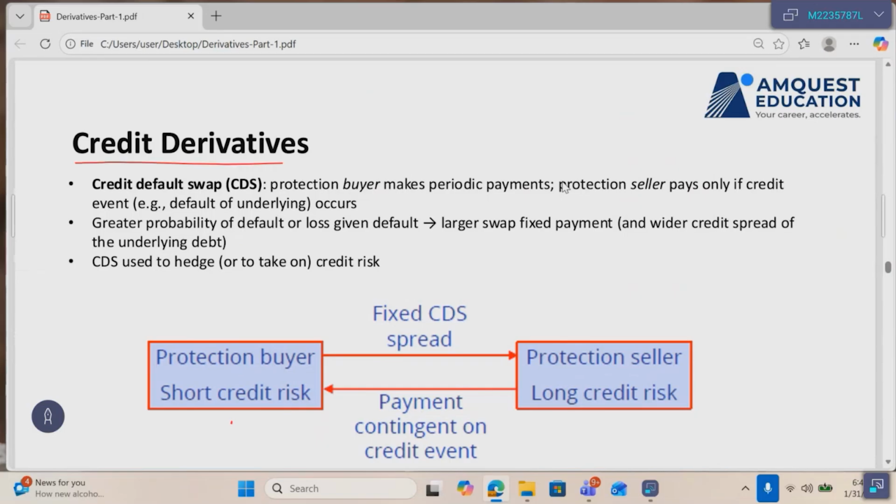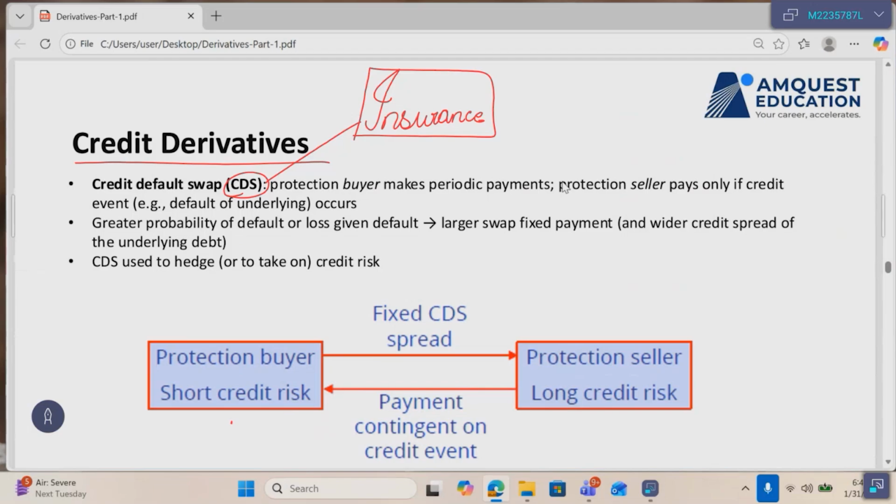I would call a CDS a simple insurance plan. Like an insurance contract. All of you know what an insurance plan is, right? You pay a premium to the insurance company, and they will give you a payment in the event of death.